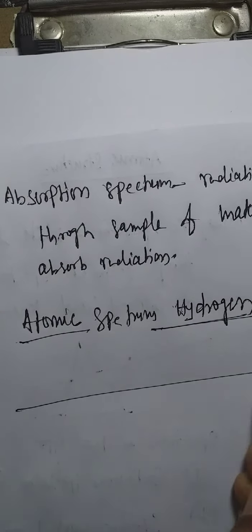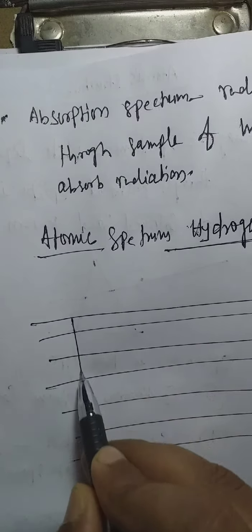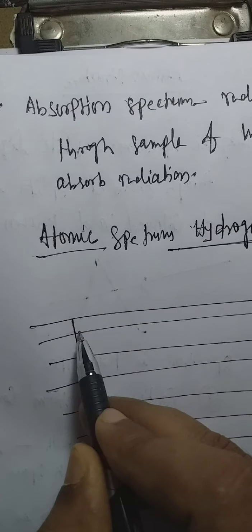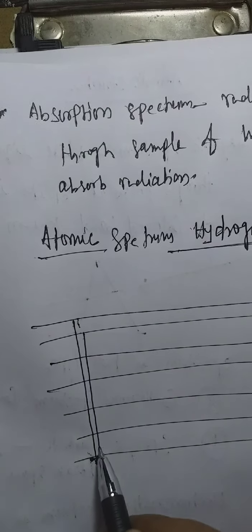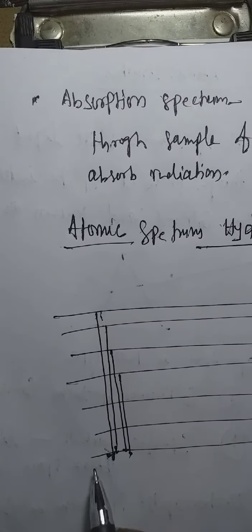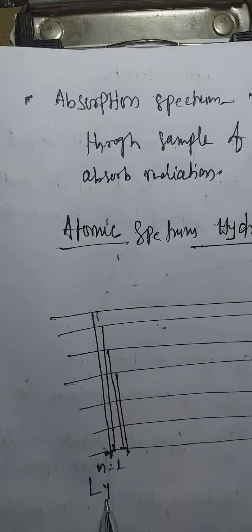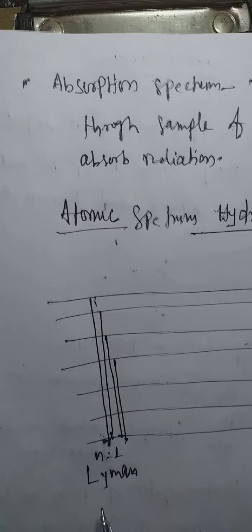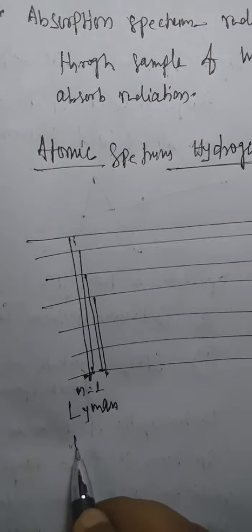As an assumption, there is a series of lines that fall on the first shell, like n equal to 1. This is called the Lyman series, right? This comes under the ultraviolet region.